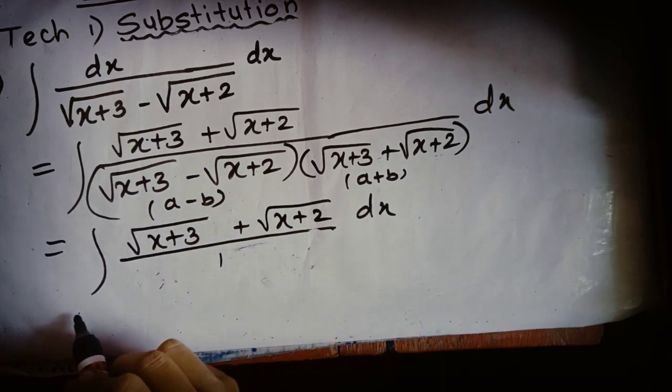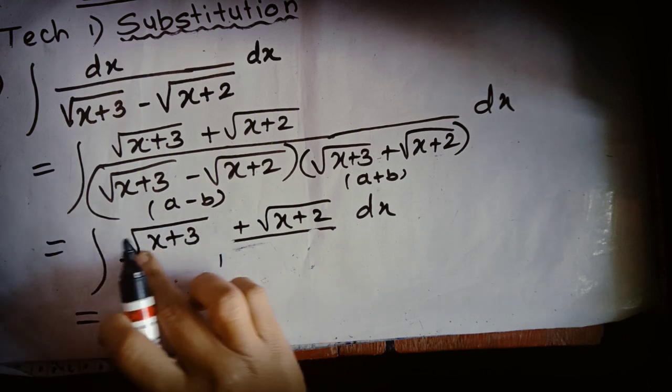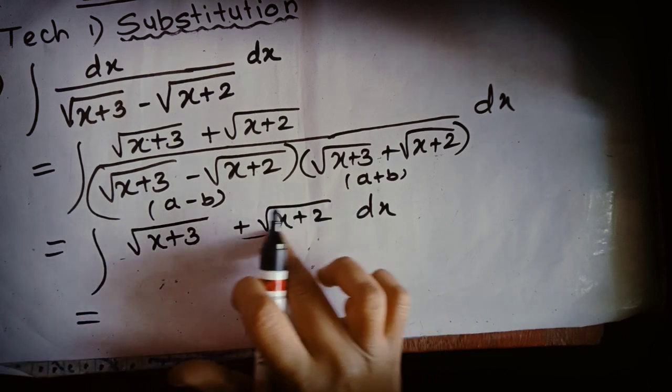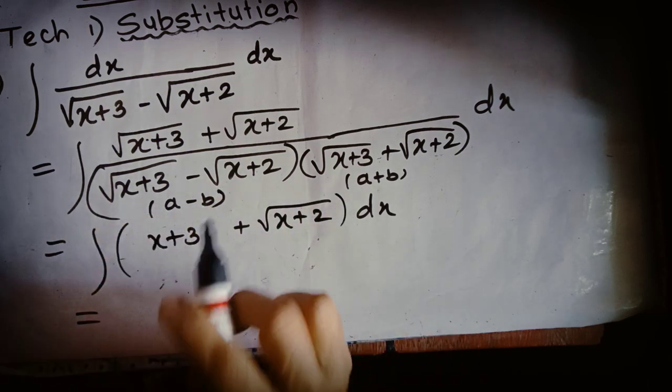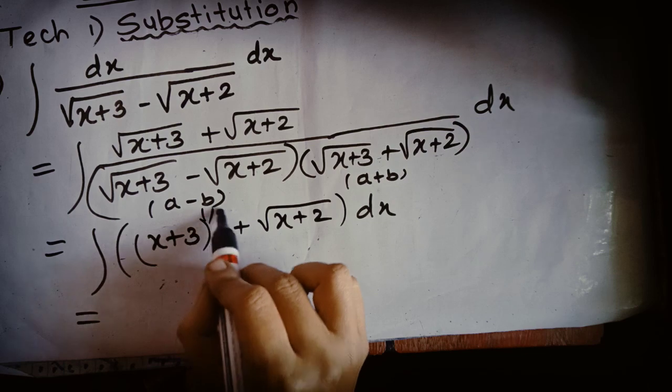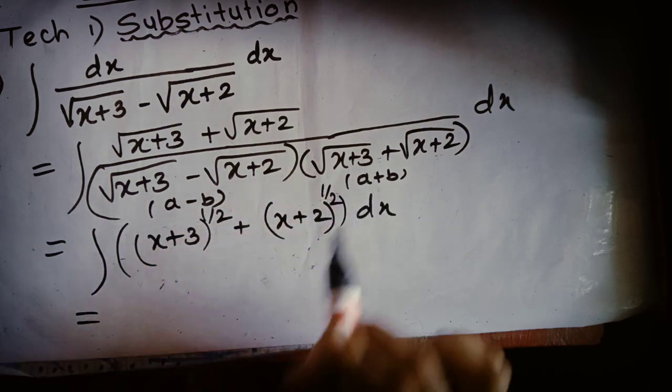Okay, now you can take the integral because there is nothing in the denominator, so you can solve this. So root of x plus 3, you can write it as raised to half, and this also as raised to half.